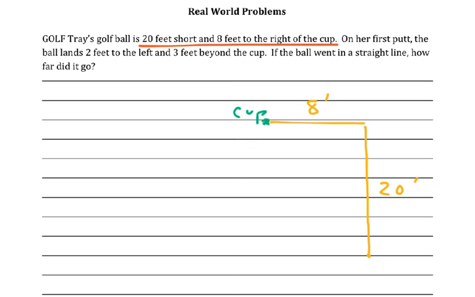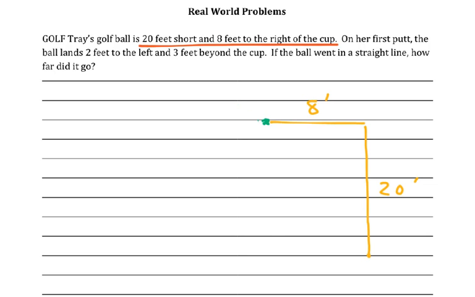So that'll work for this drawing right here. On her first putt, so what happened is, basically I guess she drove the ball and this is where it landed. On her first putt, the ball lands 2 feet to the left and 3 feet beyond the cup.